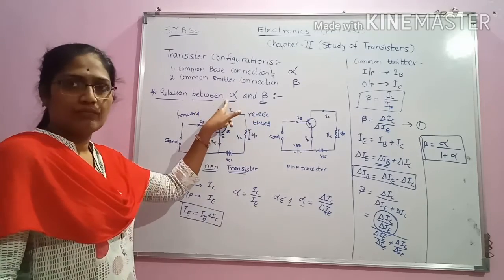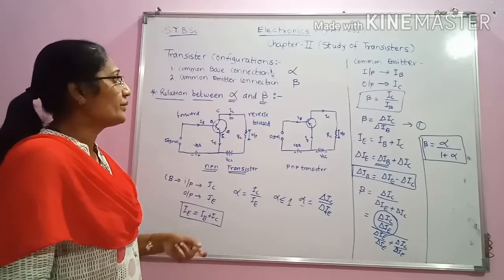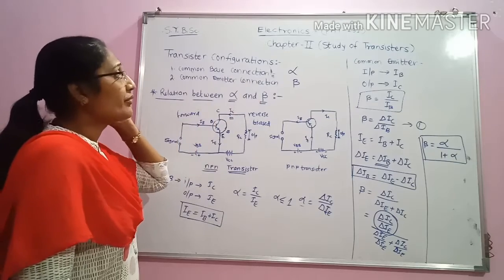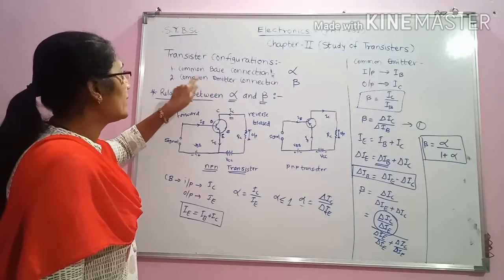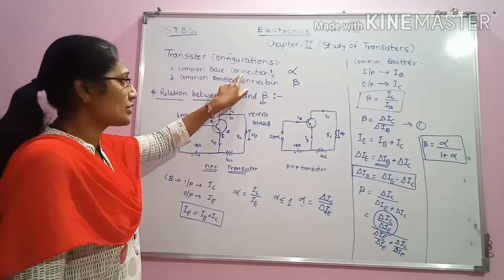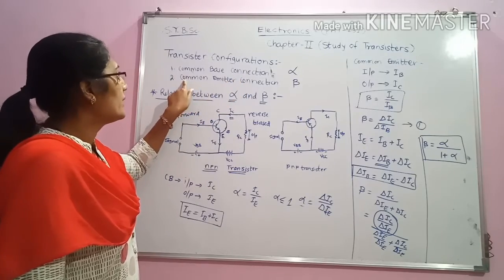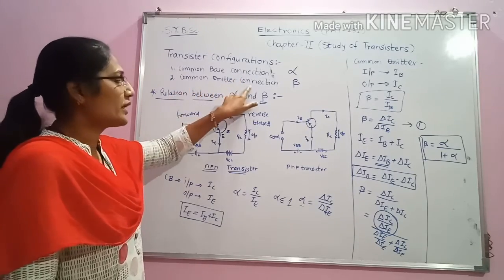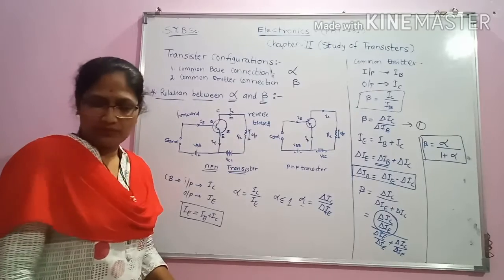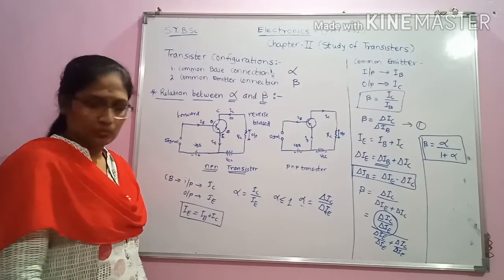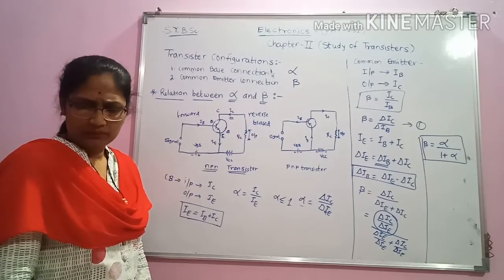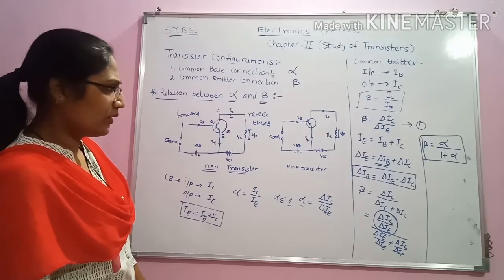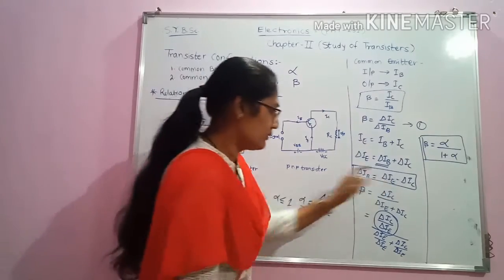So, the relation between the current gain in case of common base connection, that is alpha, and in case of common emitter connection, that is beta, is given by beta is equal to alpha... here minus, no?